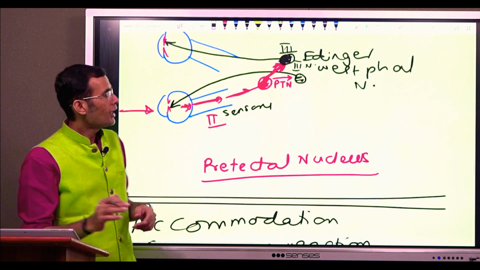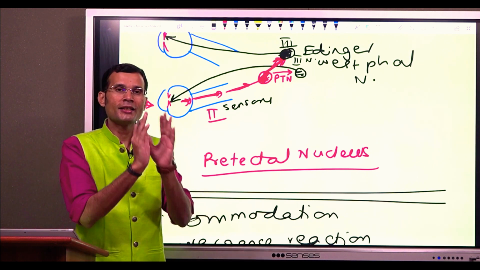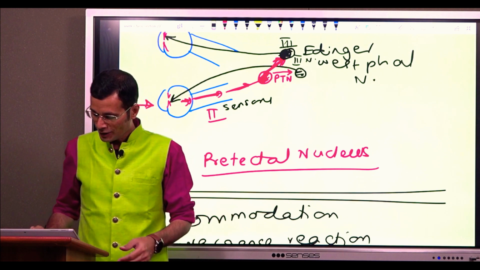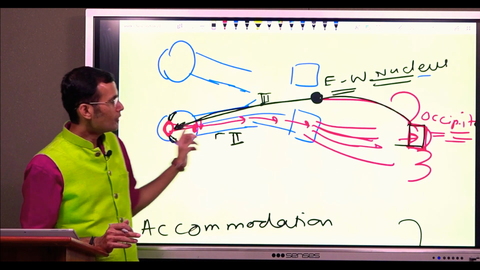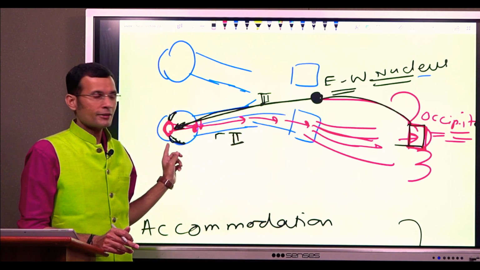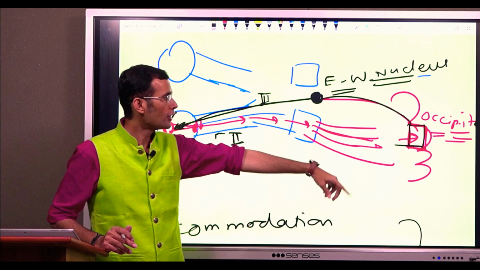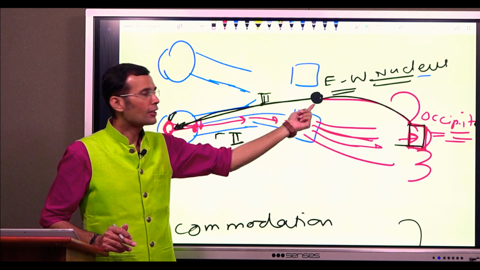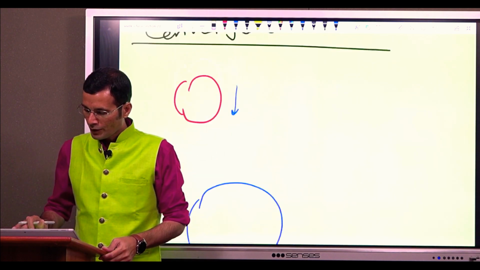So, now after all this discussion, you can tell me where is the lesion that is causing this Argyll Robertson pupil. Look, accommodation reaction is present, means this pathway is intact. Second nerve, occipital lobe, visual cortex, and fibers coming in front and third cranial nerve nucleus, oculomotor nerve nucleus, all that is intact.